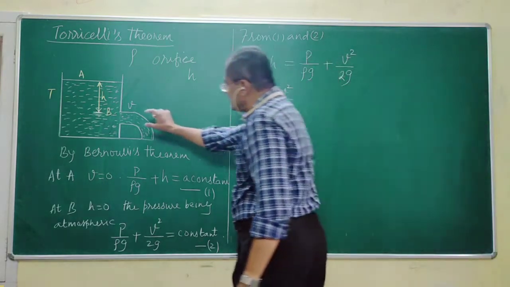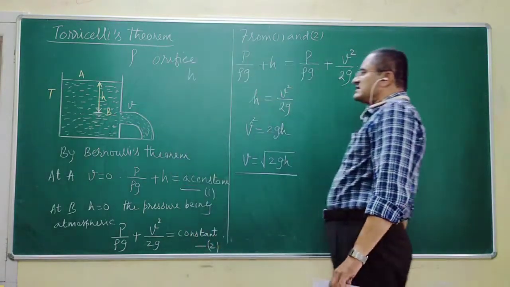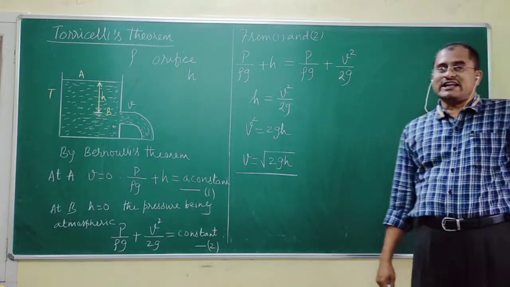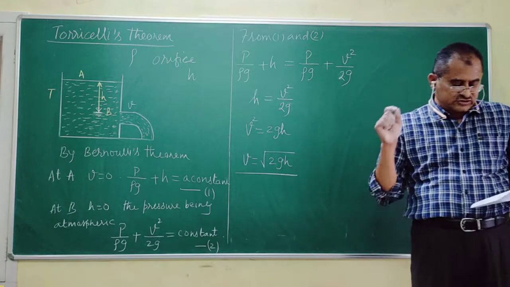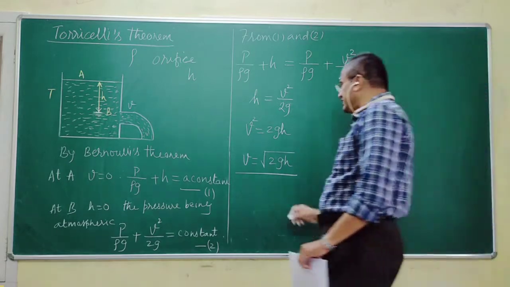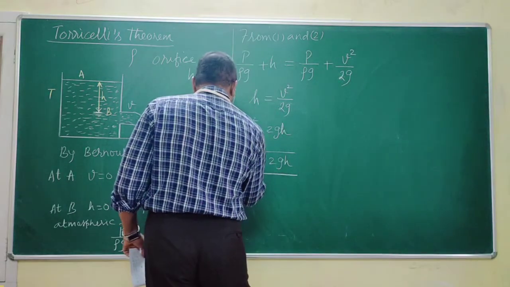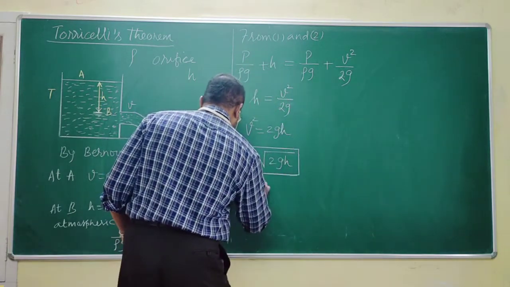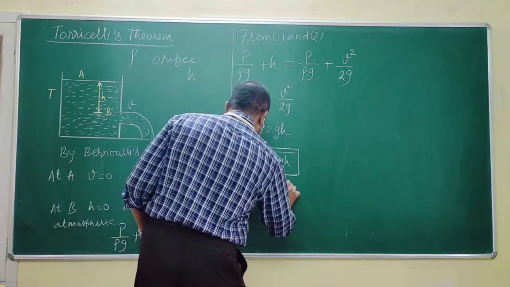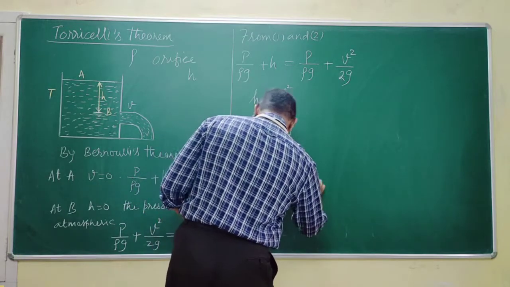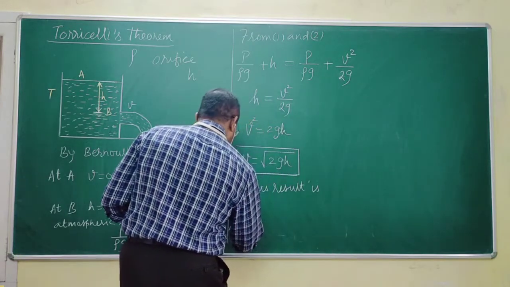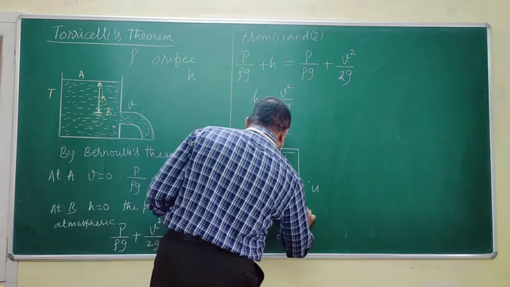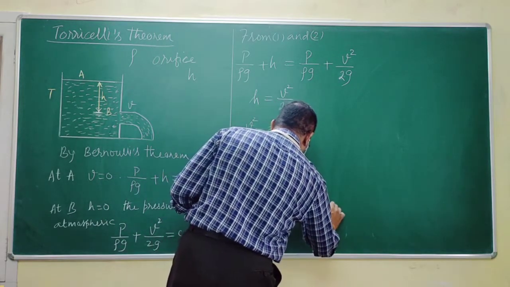The velocity with which the liquid is coming out of the orifice is given as v is equal to under root of 2gh. This result is known as Torricelli's theorem.